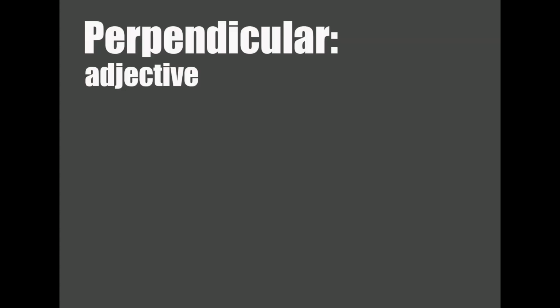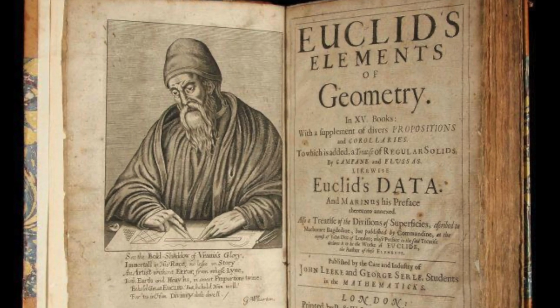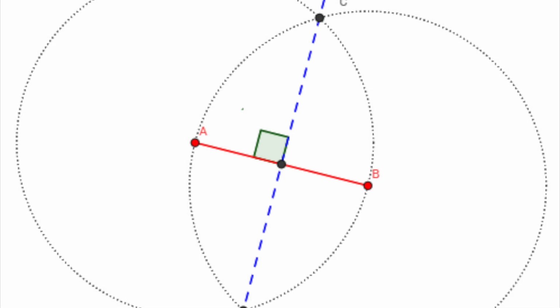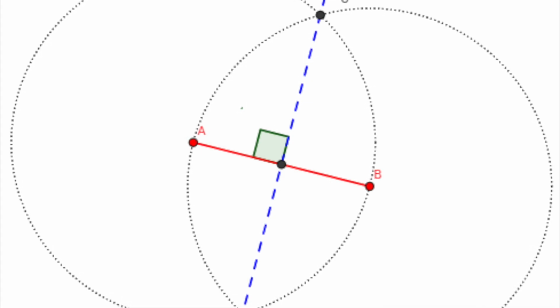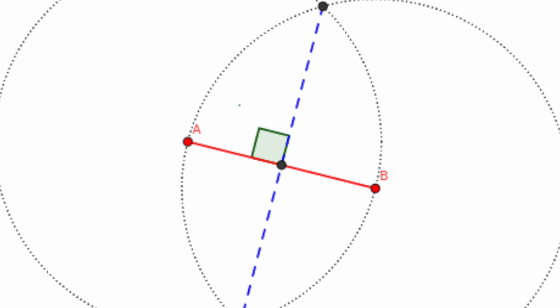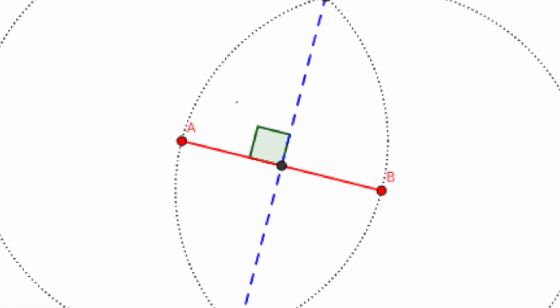Perpendicular: at a right angle to a given line or plane. As Euclid defines perpendicular, when a straight line set upon a straight line makes the adjacent angles equal to one another, each of the equal angles is right, and the straight line standing on the other is called a perpendicular to that which it stands.